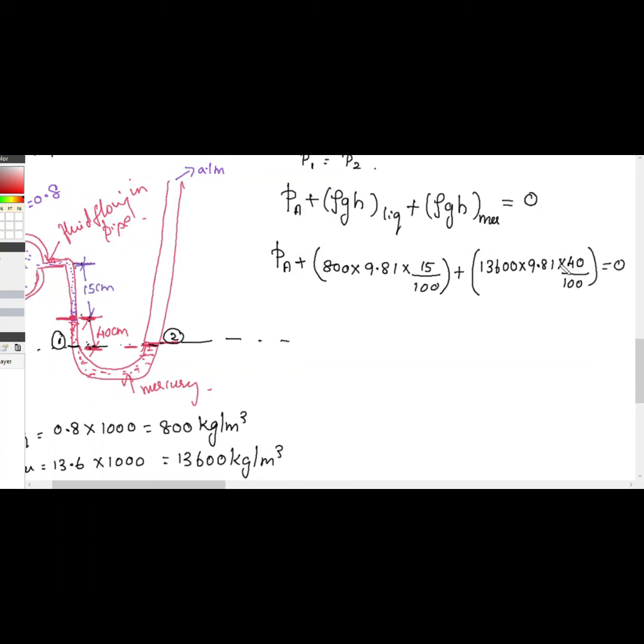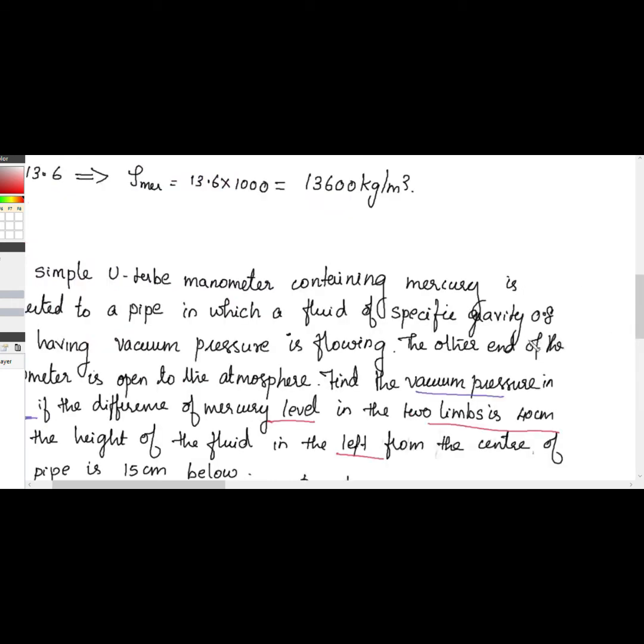So from this we get pressure at A will be equal to minus 54.5436 into 10 to the power of 3 Newton per meter square.